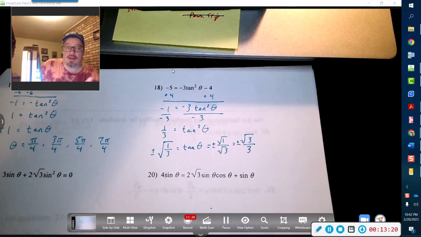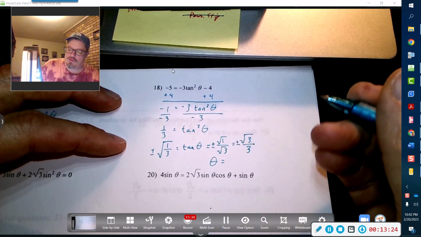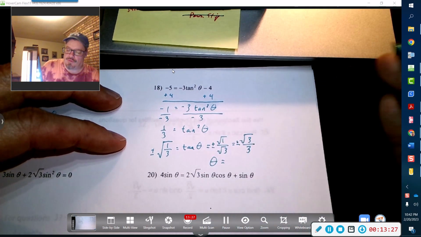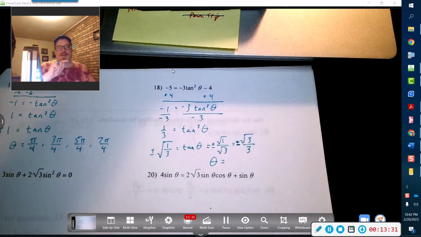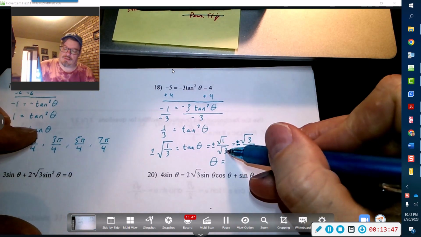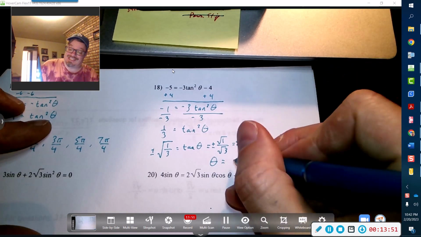Now that is on my unit circle. So where do we get radical 3 over 3? Now it's also the plus or minus, so this means that every single quadrant is going to get covered here. And so I've got to remember where it's radical 3 over 2. So I need the cosine to be larger than the sine, so that would be at pi over 6.